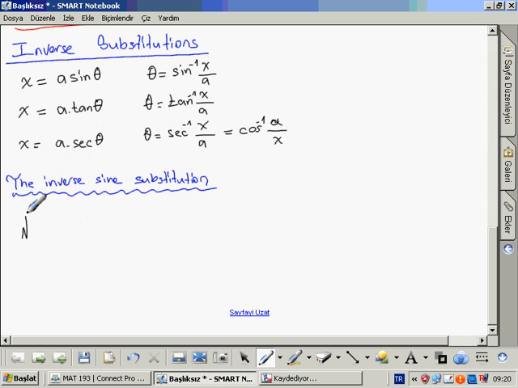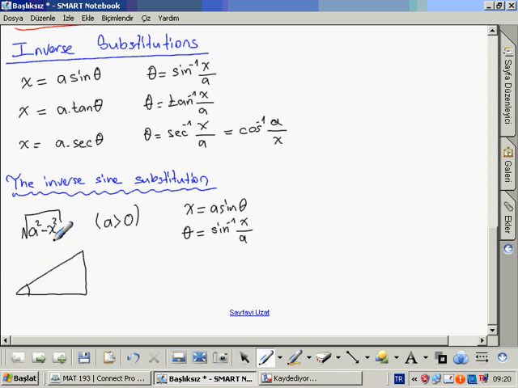And the square root of a square minus x square, and we can say that we assume that a is larger than 0, and x equals a sine theta, and we said that theta equals inverse sine of x over a, right? Let's draw the right triangle and the theta angle here.